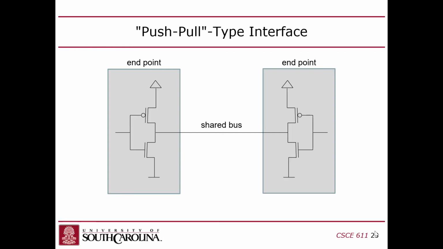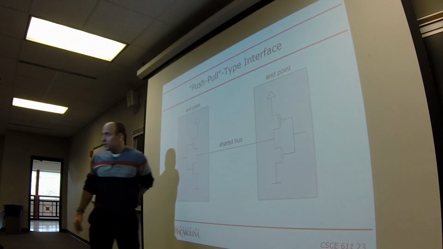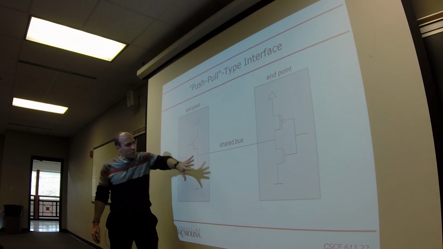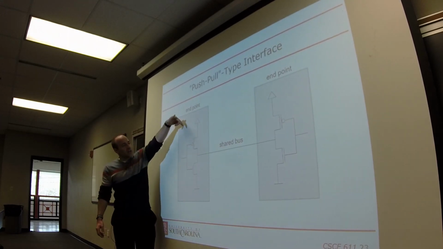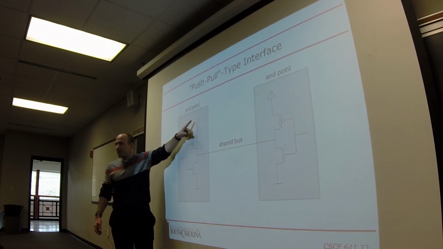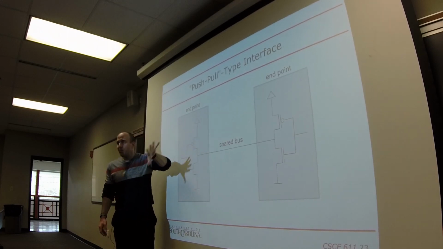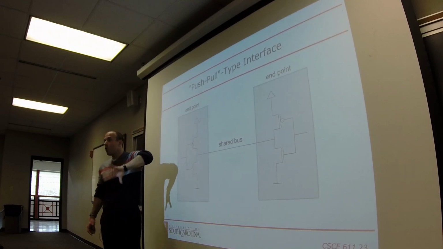The problem is that if this P transistor is on, and that N transistor is on, they're fighting each other. This guy's trying to set the bus to 1, and this guy's trying to set the bus to 0. That creates a short circuit, because in CMOS technology, you always assume that there's a low impedance path to VDD and a high impedance path to ground, or the other way around.